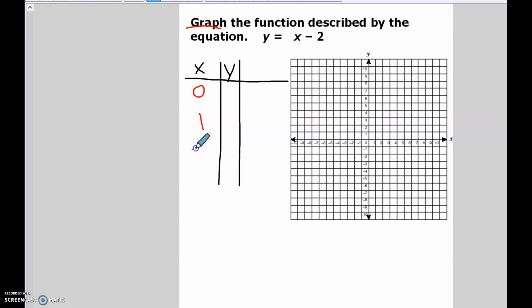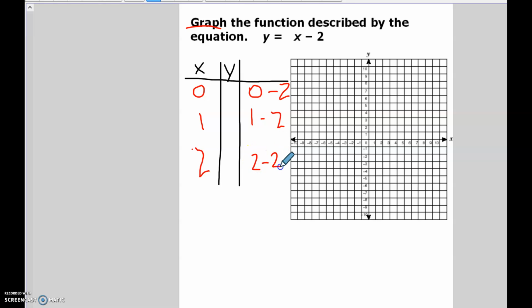What we're going to do is plug in 0 here, get the answer, 1, get the answer, and then 2. So 0 minus 2, 1 minus 2, and then 2 minus 2.